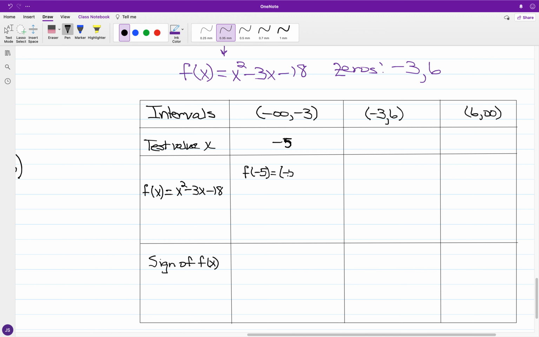So we have -5 squared minus 3 times negative 5 minus 18. Negative 5 squared is 25. Negative 3 times negative 5 is going to be 15. We have minus 18. So 25 plus 15 is 40. Take away 18, and this result is going to be on the positive side at 22.